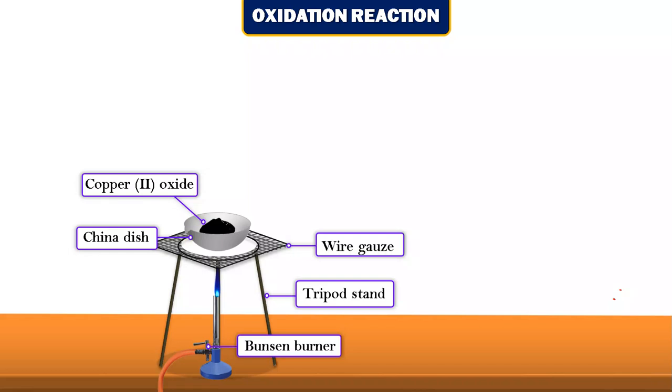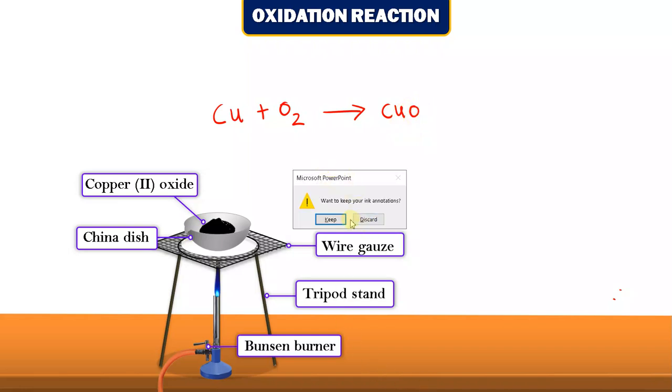Now you can see the color of the powder has changed. This is copper oxide. This is the reaction we have already discussed: copper plus oxygen gives copper oxide. So this is an oxidation reaction.